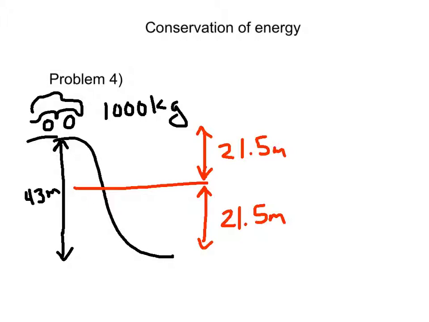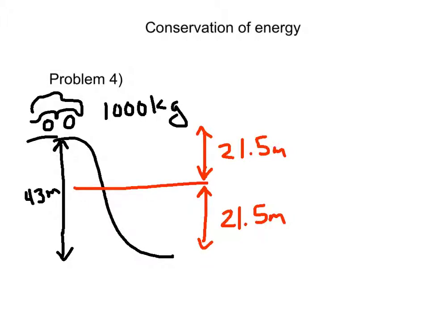Well, if he's fallen half of that height, then the potential energy essentially will have been reduced by half because he can only fall half as far again. So, based on what we found for our initial potential energy from question 1, his remaining potential energy at this point should be half of that.